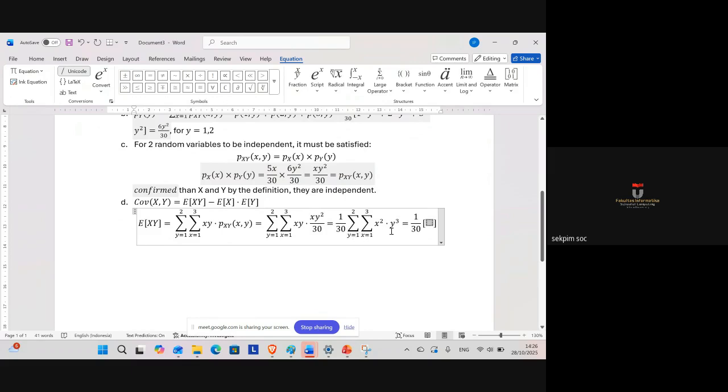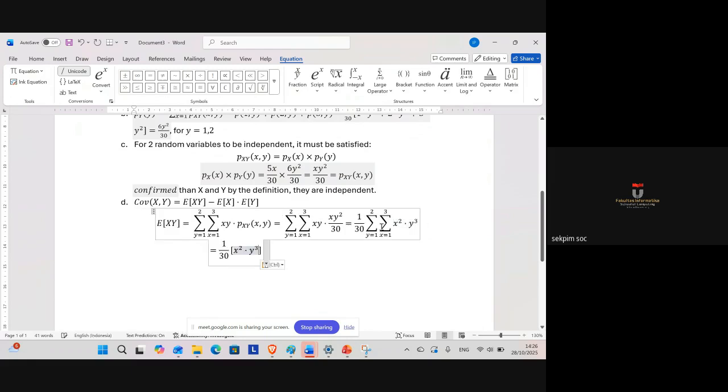Y equals 1, for x equal to 1 up to 3, so we have this summation.